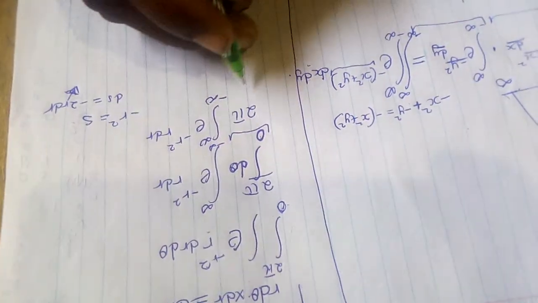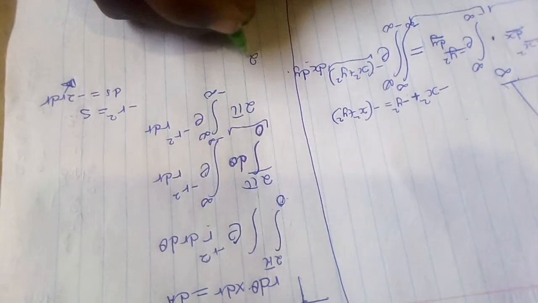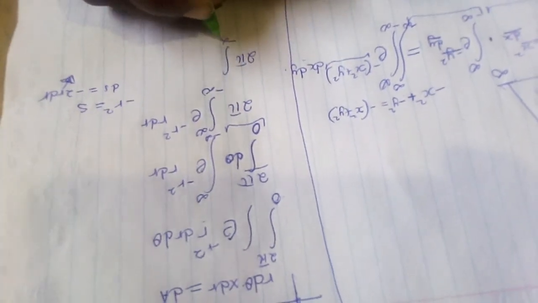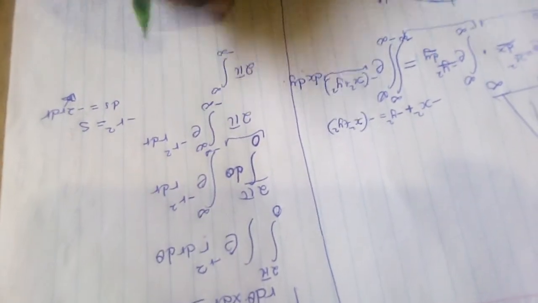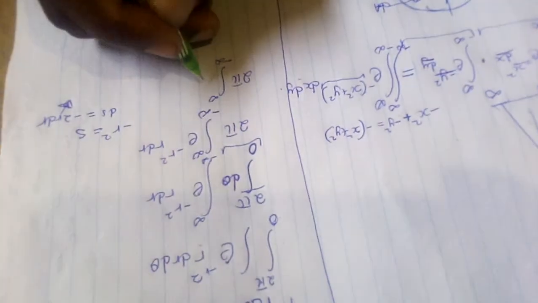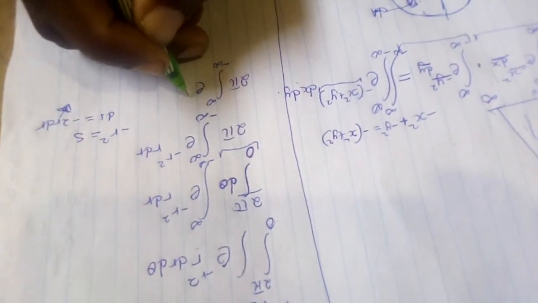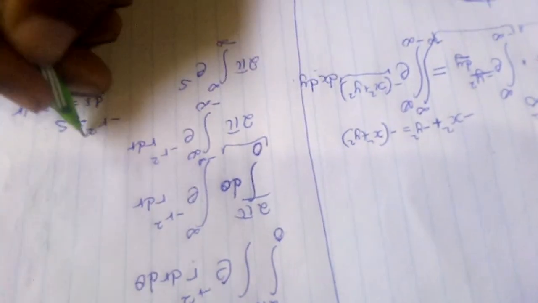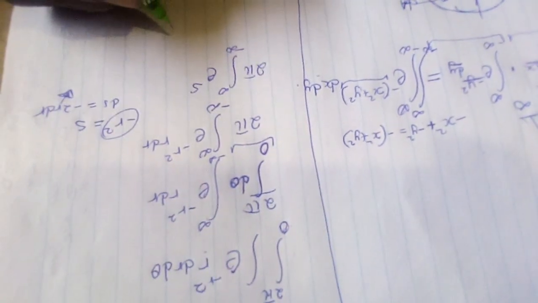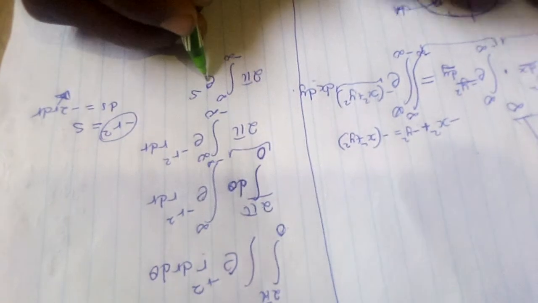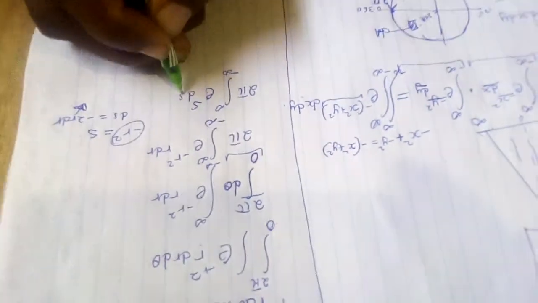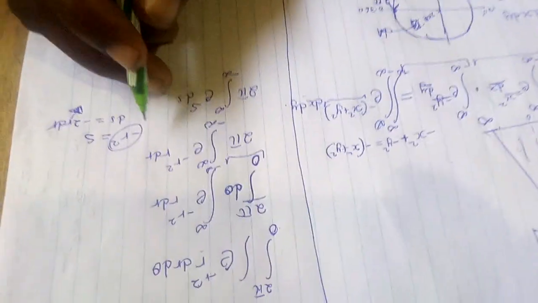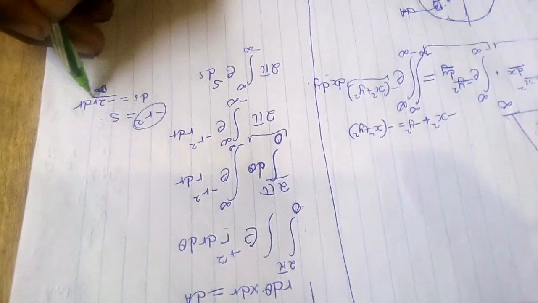Now we're going to have 2 pi times the integral of exponential of s ds.